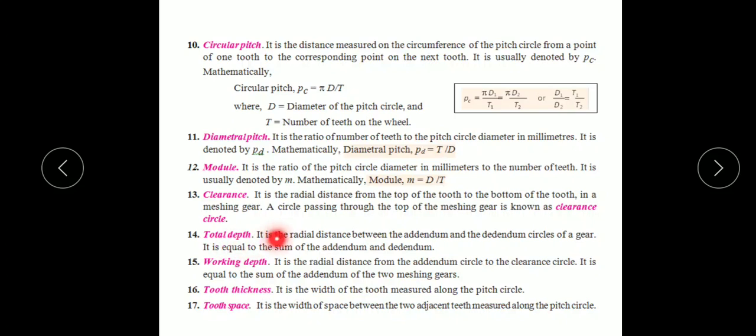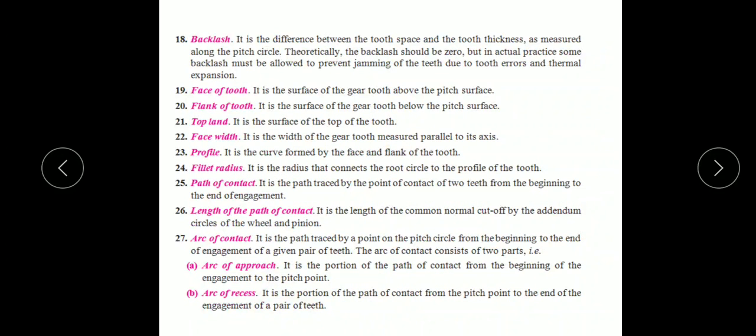Total depth is the sum of addendum and dedendum, and working depth is the distance between the clearance circle and the addendum circle. And tooth thickness is the width of the tooth measured along the pitch circle. We have already shown in the figure what tooth thickness is. If anyone has a query, you can go to that figure and understand what tooth thickness and tooth space are. These are very important terms.